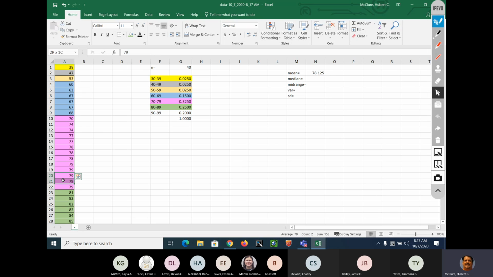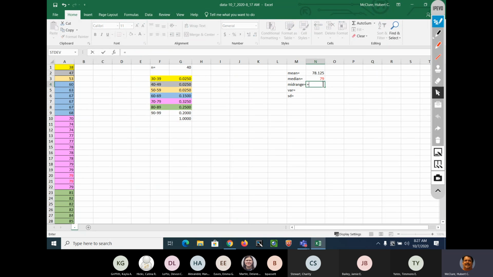And these two right here are going to be our medians. I'm going to color those red. And that's going to equal, parentheses, 79 plus 79 divided by 2. And 79 is our median.